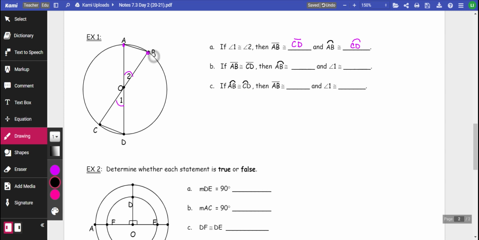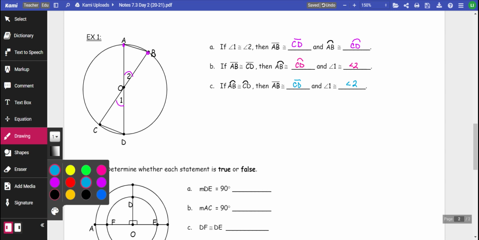I don't know why the arcs don't show up. There we go. Now in part B, if I'm given the congruent chords, segment AB congruent to segment CD, then arc AB is congruent to arc CD, and angle 1 is congruent to angle 2. Finally, if I'm given the congruent arcs AB and CD, then chord AB is congruent to chord CD, and angle 1 is still congruent to angle 2.